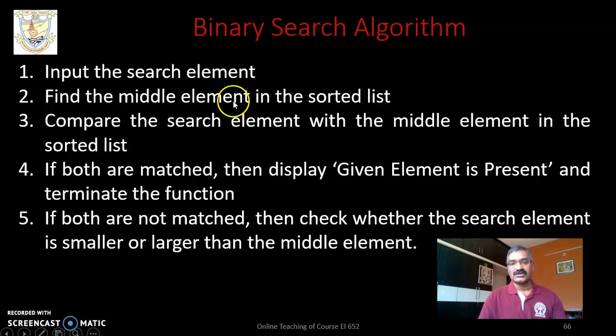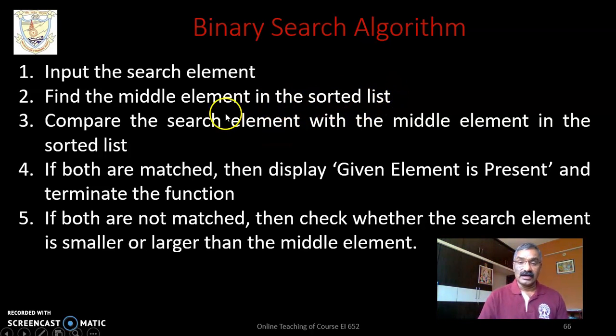The calling value which calls the method or the function itself holds the search element. We can even input the search element through user interaction, entered by the user through the keyboard.